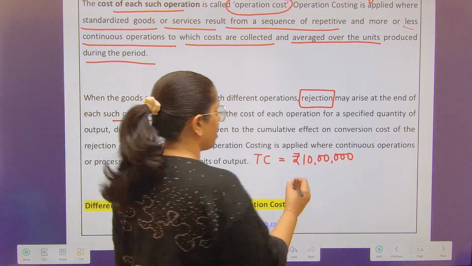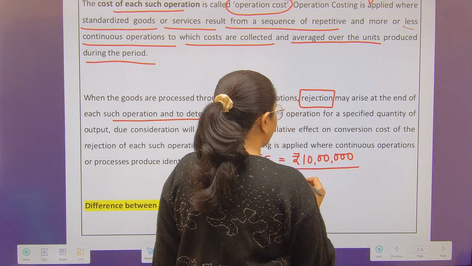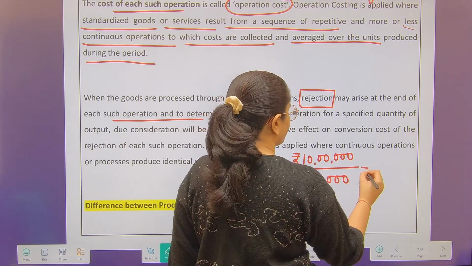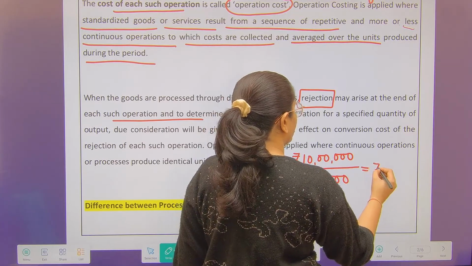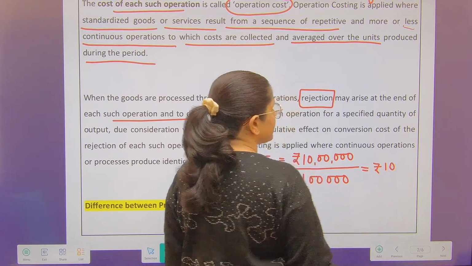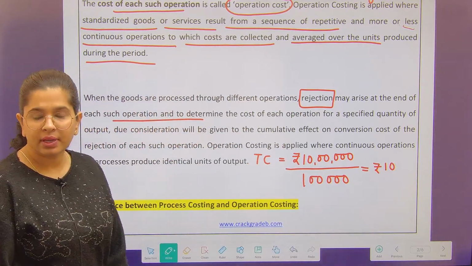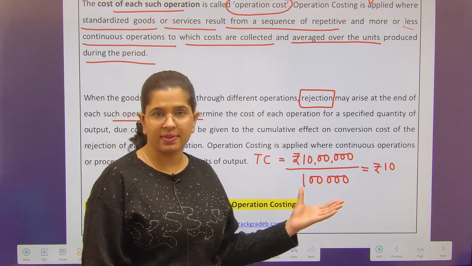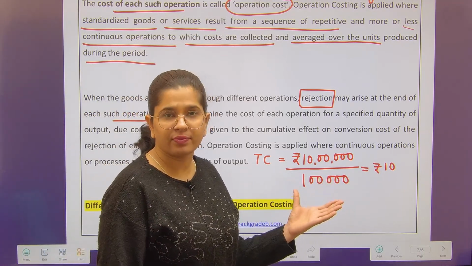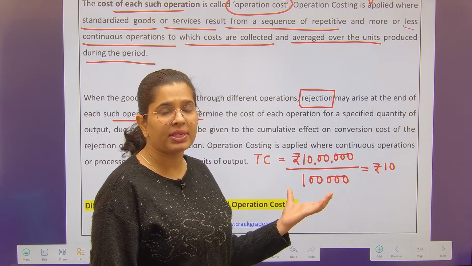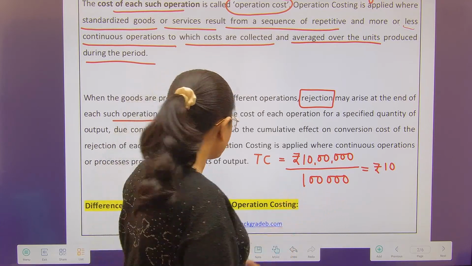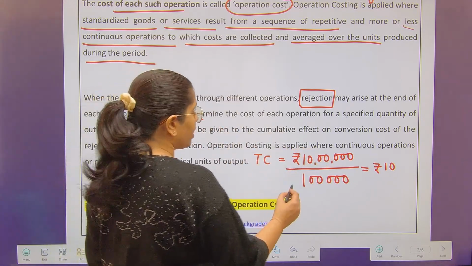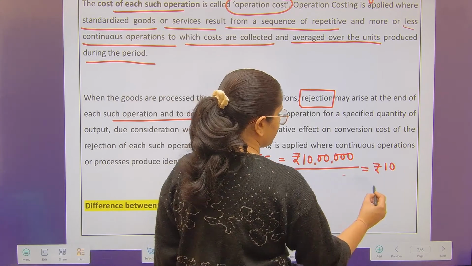If I divide it by 1 lakh Pepsi bottles, the cost for each Pepsi bottle is 10 rupees. Correct? But I know that there are rejections as well. My normal rejections are 5%: 1 lakh multiplied by 5% is 5,000. So that means I have to allocate this particular cost on 95,000 bottles.